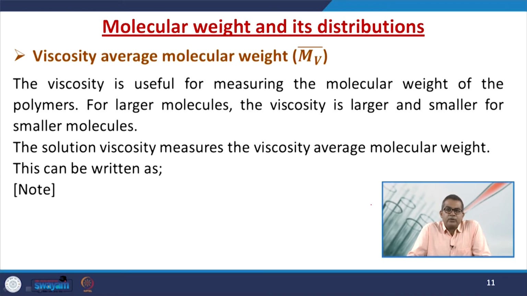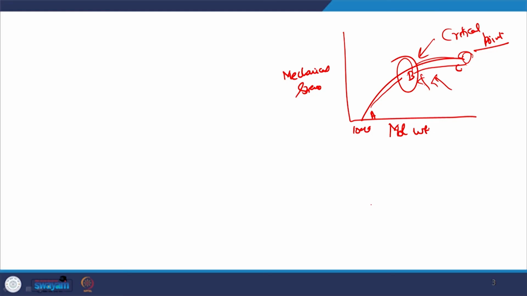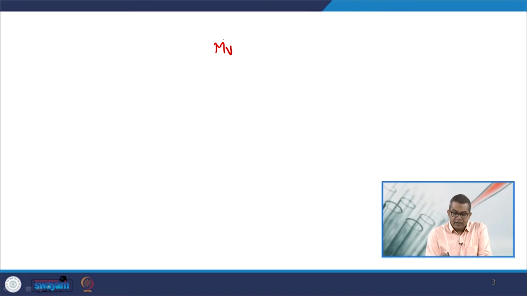For larger molecules viscosity is usually large, and for smaller molecules it is a bit small. Now, the solution viscosity measures the viscosity average molecular weight, which mathematically can be represented as bar Mv.